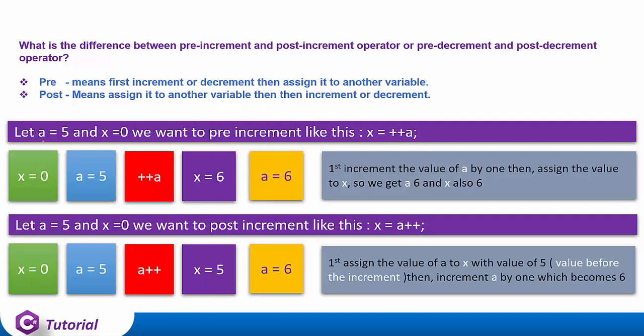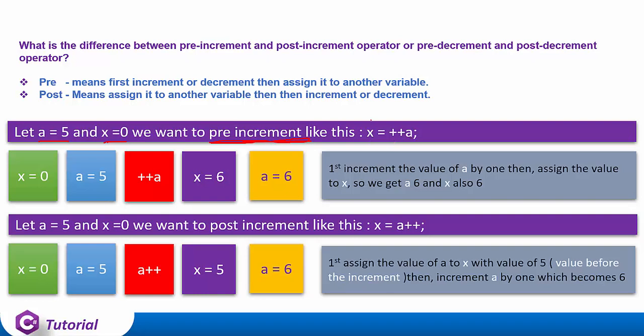Okay, so in this example we are talking about the pre-increment. As we see here, a has a value of 5, and x has a value of 0. So the code says that x equal to plus plus a.